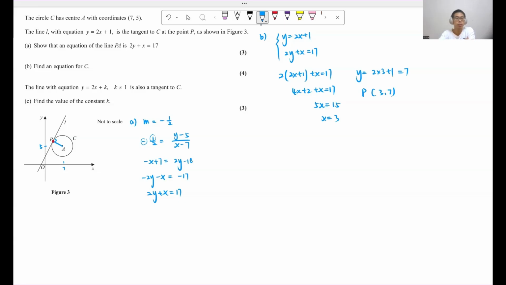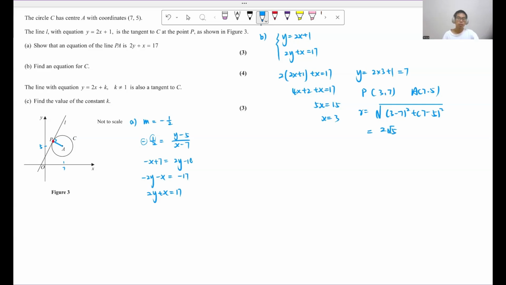Now we know point P. To work out the radius is very simple. You can just work out the length between P, 3, 7, and A, 7, 5. So the radius is equal to the square root of 3 minus 7 squared plus 7 minus 5 squared. If we put that in the calculator, that would be 2 root 5.